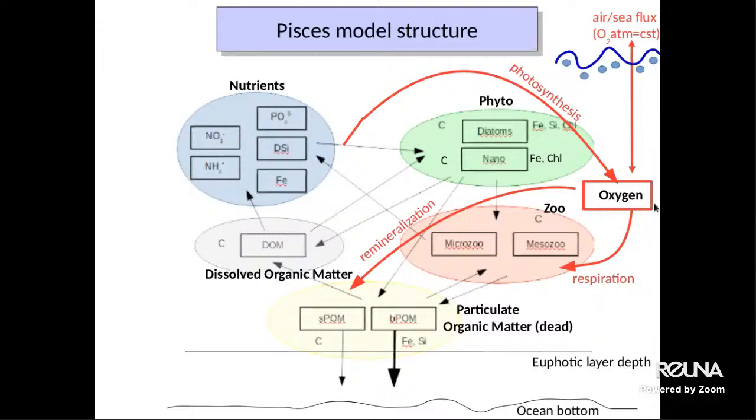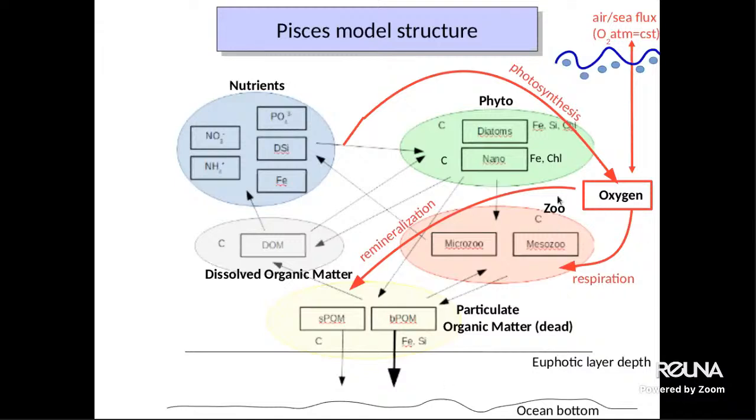So there is an equation to simulate dissolved oxygen in PISCES. When you have production of phytoplankton, so when there is a positive flux in this direction, you produce oxygen. You all know that when you have photosynthesis, you produce oxygen. So this oxygen is a source, and that's why you have this arrow in red: a source of oxygen here due to photosynthesis.